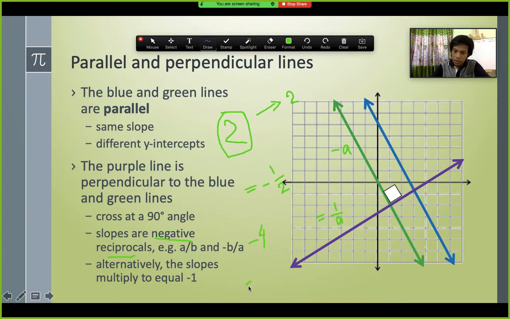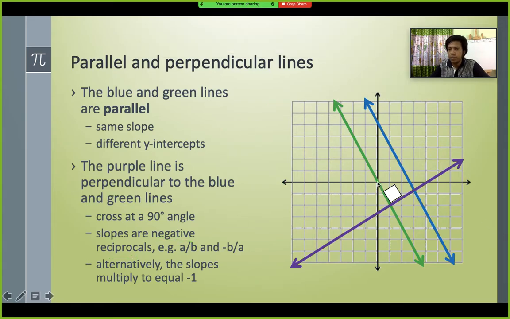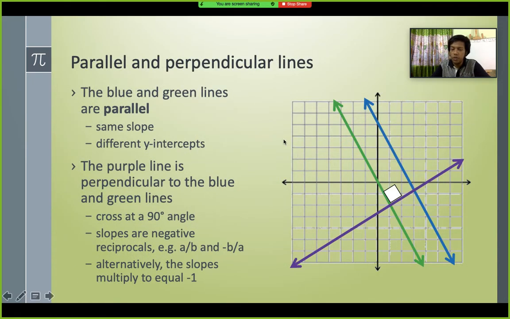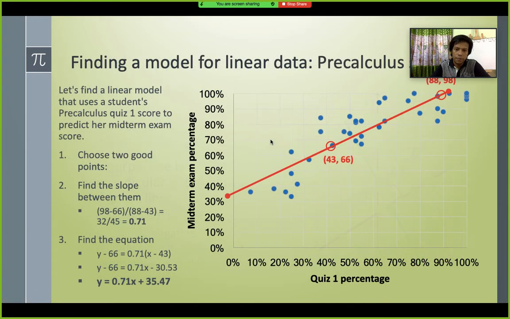The answer will be 1 by 4, because we already have a minus here, so that minus will be eliminated. That's the relationship between parallel lines and perpendicular lines. These are useful when we want you to find the equation of another parallel line or perpendicular line of some lines.